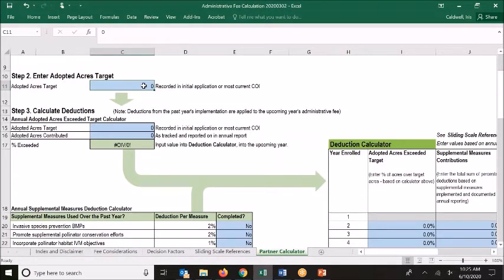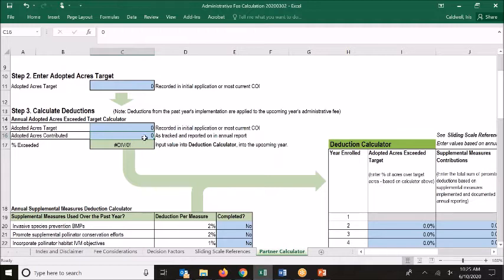From there, for the purposes of this initial administrative fee calculation, you can just copy that same number down here into cell C15. And similarly, particularly for the first year's administrative fee, assume that you'll be meeting that adopted acres target.